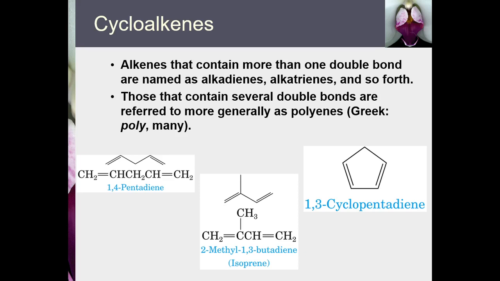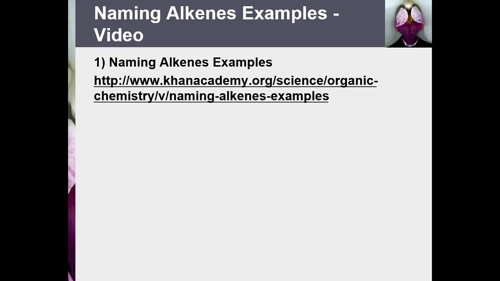So, na-discuss ko na naman din ito. So, these are just some of your dienes. And this one is a cyclodiene kasi meron kang cyclic ring. So for further information about how to name alkenes, you visit this link.